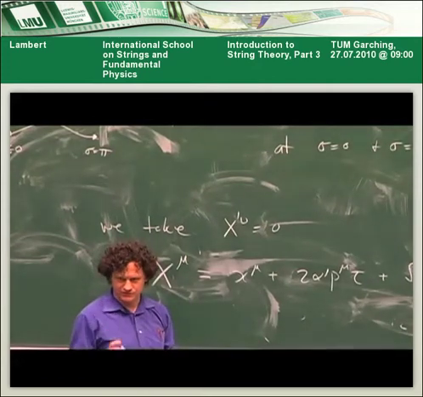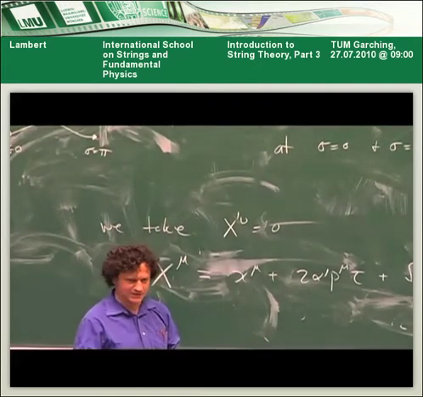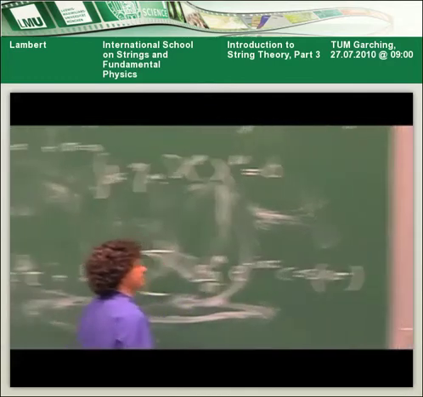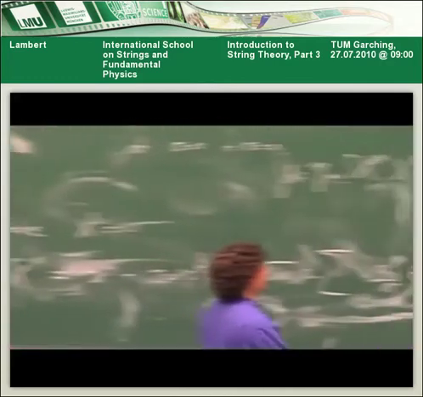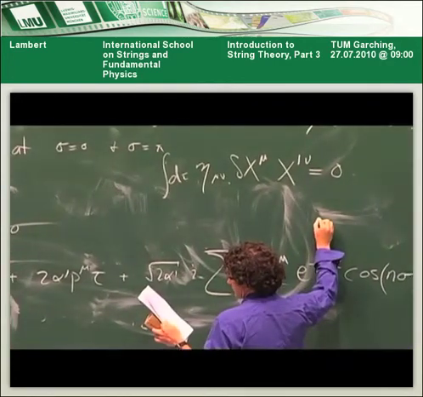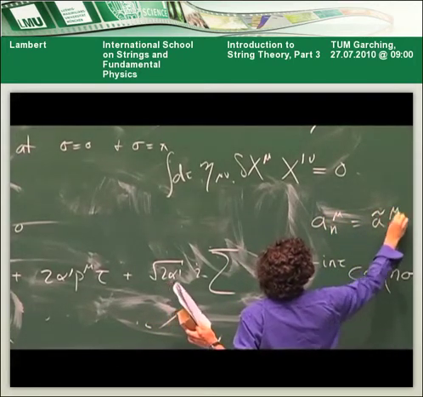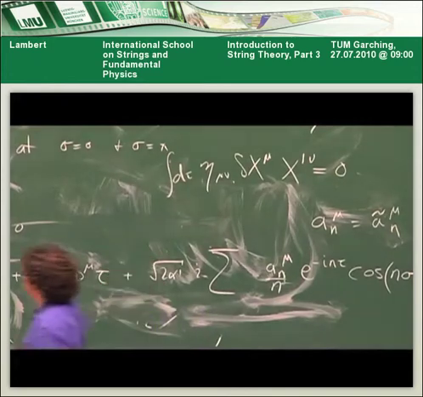It's cos, right, whose derivative vanishes at the endpoints. So you expand it as cos. So what's happened, if you go back to where it was before, is that you simply have a n mu identified with a tilde n mu because of the boundary conditions.